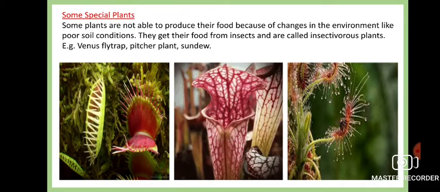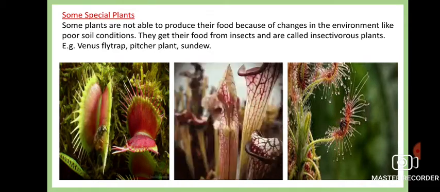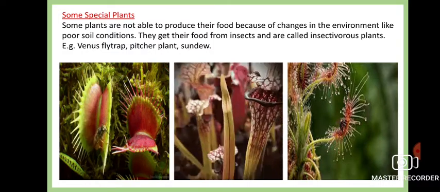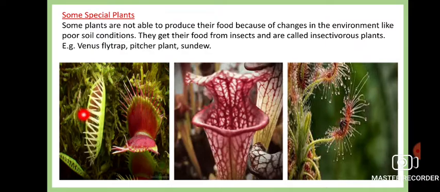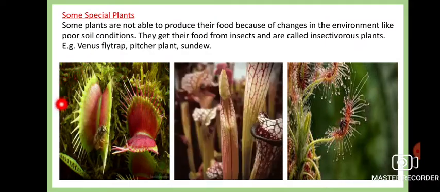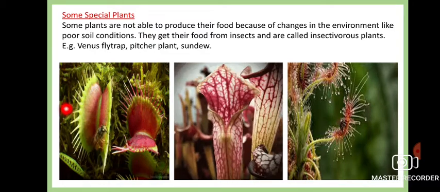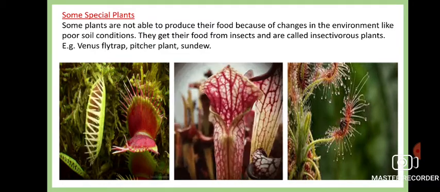Now definitely it is not the case that plants will take out their hand and eat like us, but they have some special mechanism in their structure. They employ the structure to catch the insect. Now here comes the question, why do they do so?